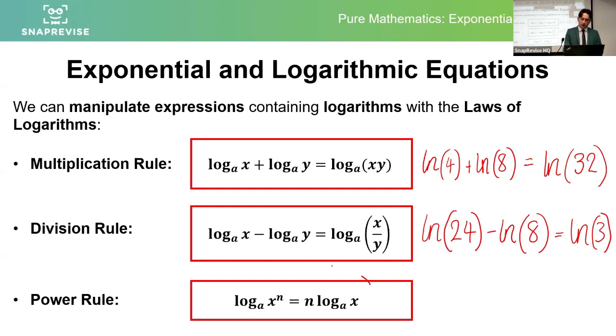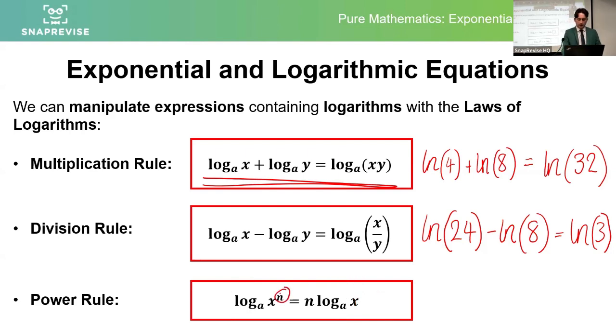Brilliant. And this one is the one that, for some people, looks the hardest, but I've noticed students probably recall this one the best, because you're kind of paying attention to it. So, for example, the power comes down and comes out of the log. And you can kind of explain the logic behind this: if it's log a of x plus x, that's like x squared, because it's x times x.